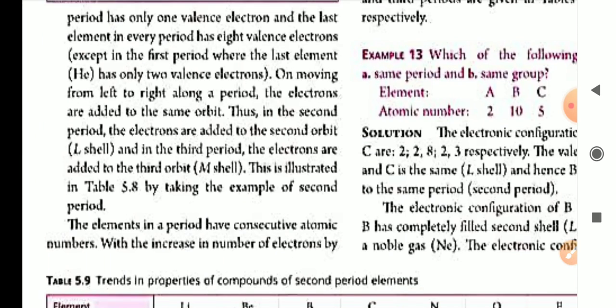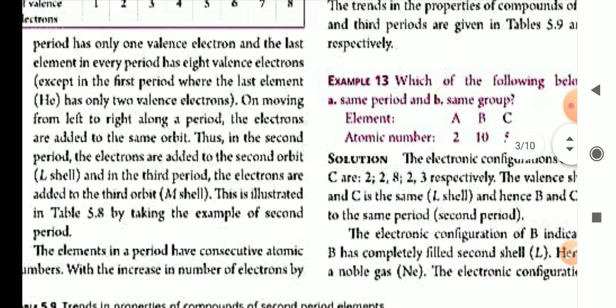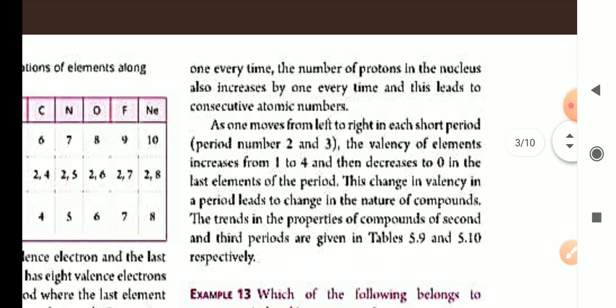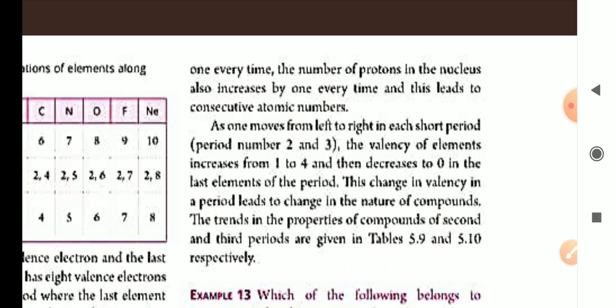The elements in a period have consecutive atomic numbers. Suppose sodium has atomic number 11, magnesium has 12, then 13 aluminium. So the atomic number increases by 1 every time. The number of protons in the nucleus also increases along with the electrons when we move along the period, not in the group.